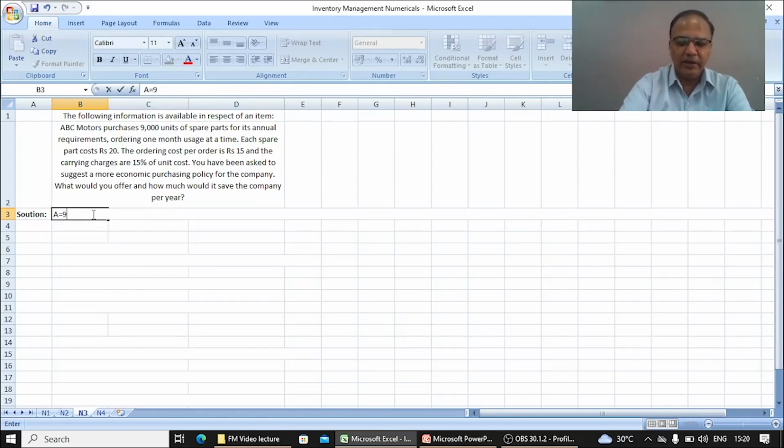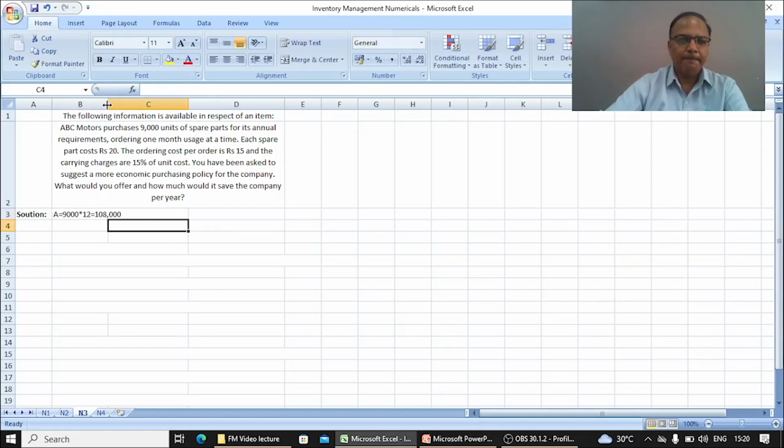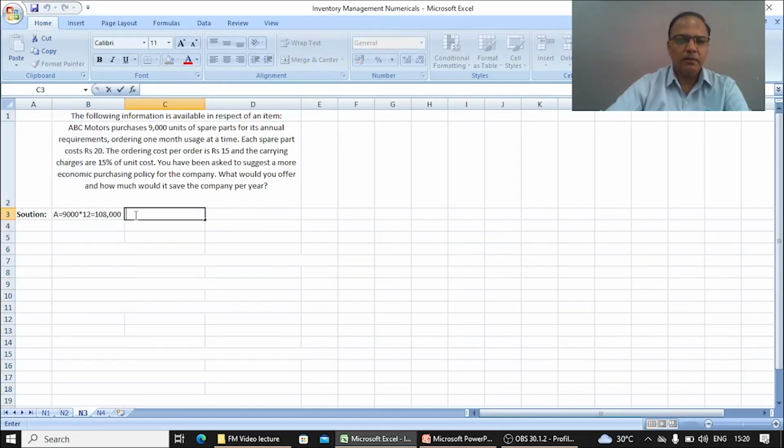Annual consumption will be 9,000 into 12, which is 108,000. Ordering cost O is equal to rupees 15.